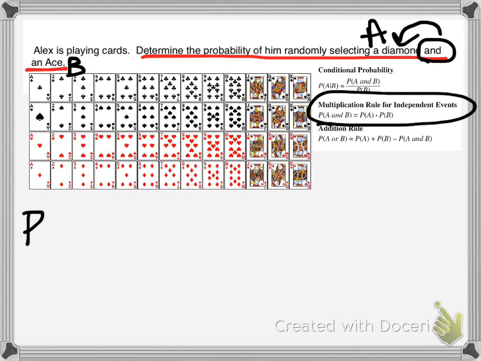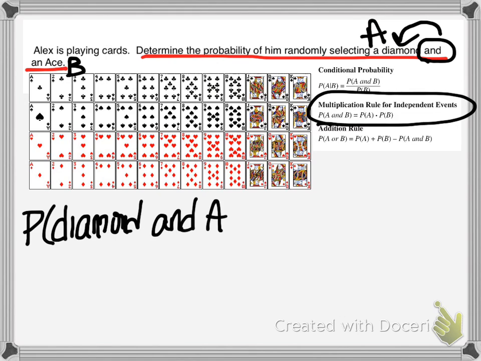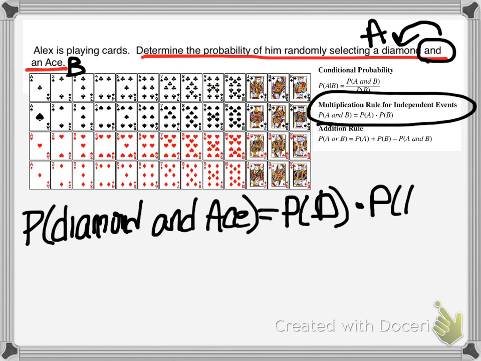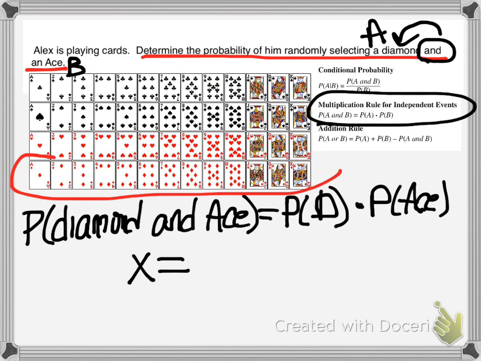So if I rewrite it, that's going to be the probability of choosing a diamond and an ace. So that tells me to take the probability of A, which is diamond, and multiply times the probability of B, which is an ace. So I want to find the probability of a diamond and an ace. So the probability of a diamond. So when I look at this chart of cards, these are all the diamonds.